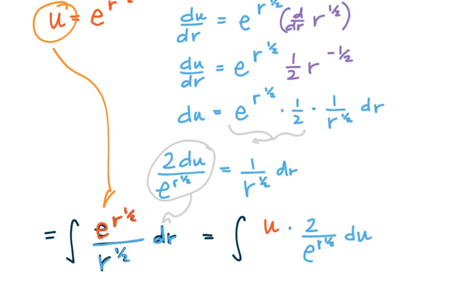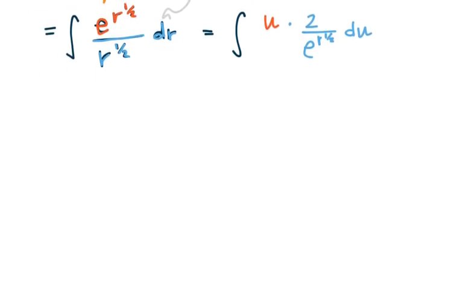All right, so we are just looking at this piece now. This is what we have changed it into. And what you might notice is that I again have an e to the r to the 1/2, and e to the r to the 1/2 is equal to u.